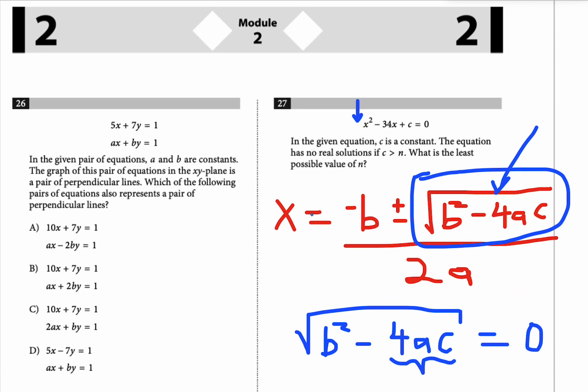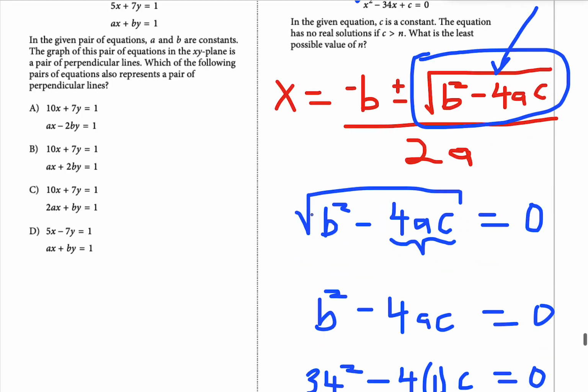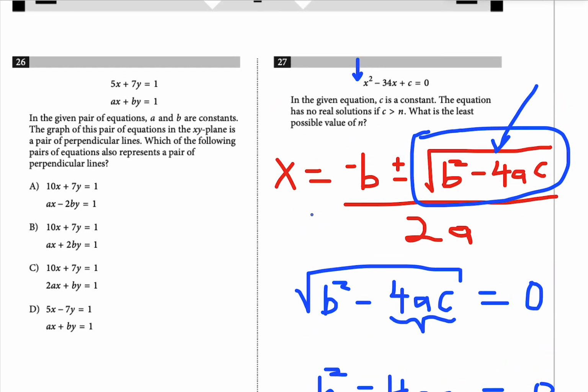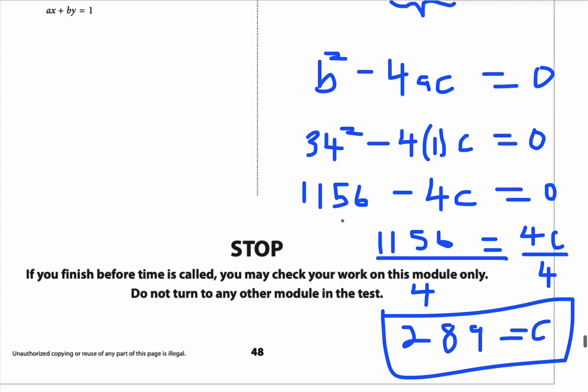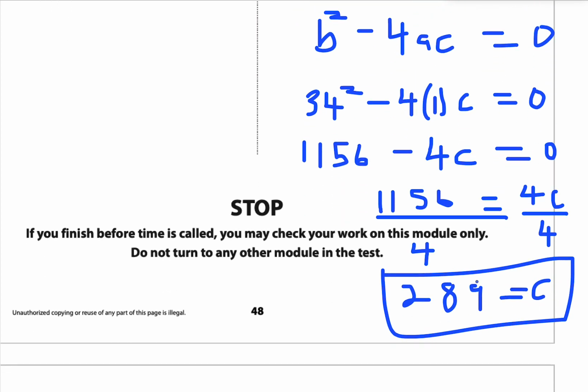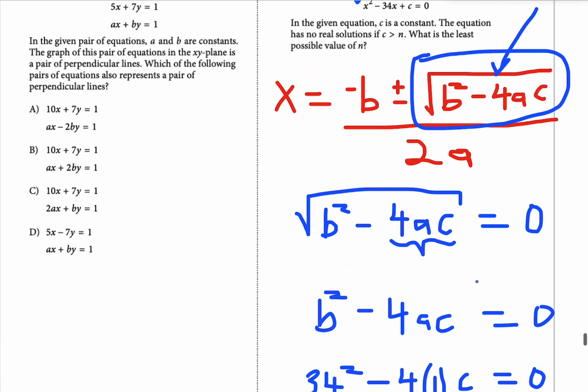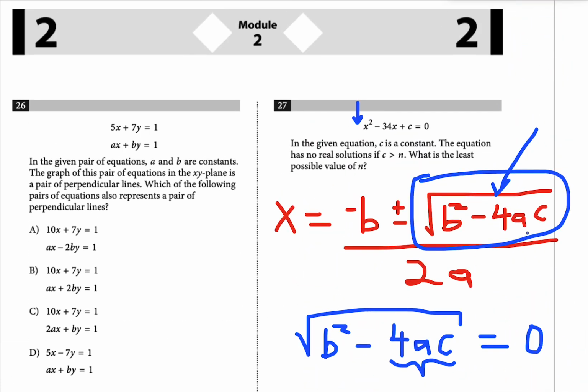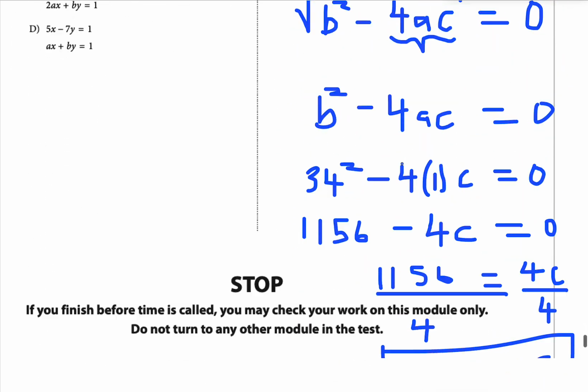Now, in the scenario that c is greater than 289, the equation will not have any real solutions, because the 4ac component will be bigger than the b squared, which results in a negative value under the radical, giving us an imaginary number. And so this is the solution.